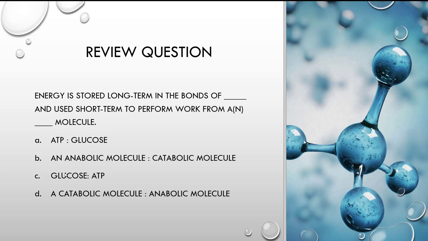Or energy stored long-term in the bonds of an anabolic molecule and used to perform work from a catabolic molecule? Or energy stored long-term in the bonds of glucose and used short-term to perform work from ATP? Or energy stored long-term in the bonds of a catabolic molecule and used short-term to perform work from an anabolic molecule? What is the correct terminology here?